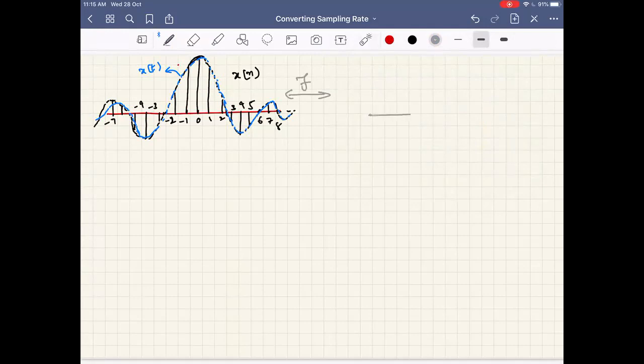Let this spectrum be a triangular spectrum, from minus omega m to omega m. So let this be the spectrum in the frequency domain.